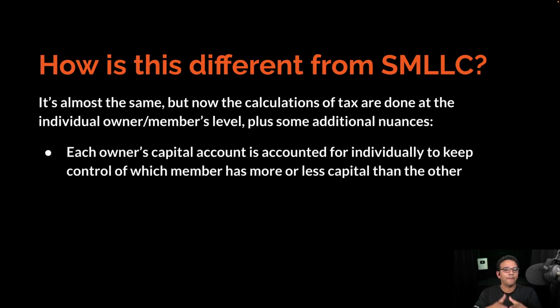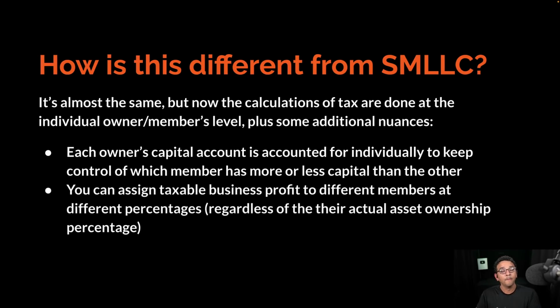We talked about the capital account being accounted for individually and differently. But in a multi-member LLC, you can actually assign a taxable business profit percentage or allocation to a different member, regardless of their actual ownership in the business.